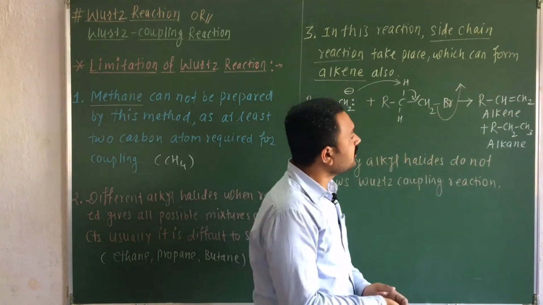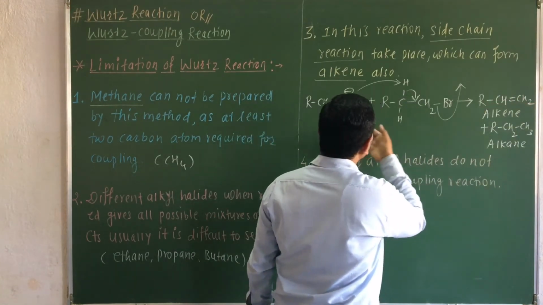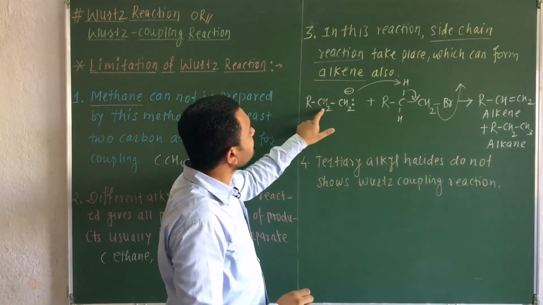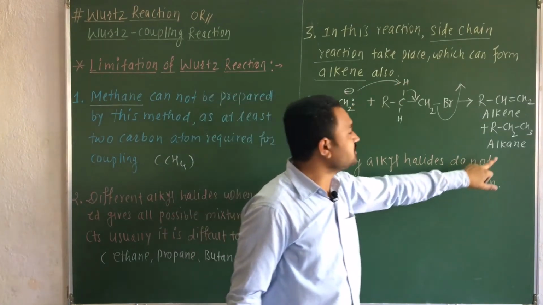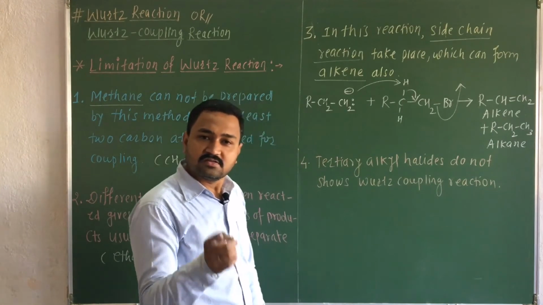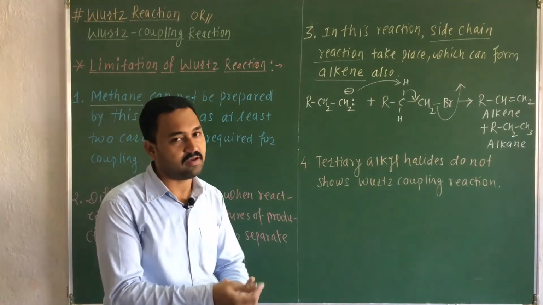Okay, so this is the side product. This is your simple alkane also, that is RCH2. Now the CH2 group by abstracting this proton converts into CH3. So there is a side reaction also in your Wurtz coupling reaction, it may happen.